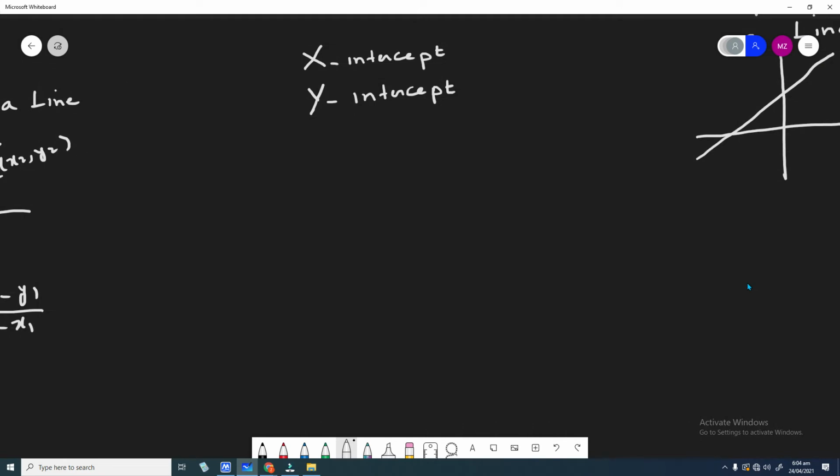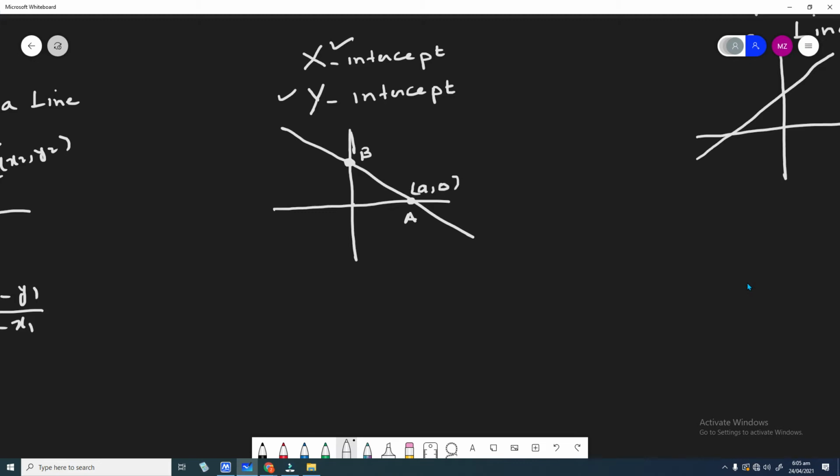The third concept is the concept of intercepts, that is the x-intercept and y-intercept. Suppose you have got this Cartesian coordinate system, and you are given this line, and you are asked to find the x-intercept. Suppose this line is cutting the x-axis at this point A, and it is cutting the y-axis at this point B. Since point A is lying on the x-axis, its y will be 0.